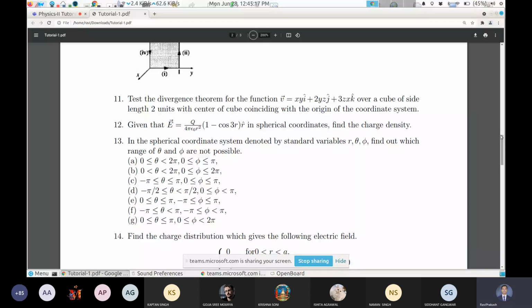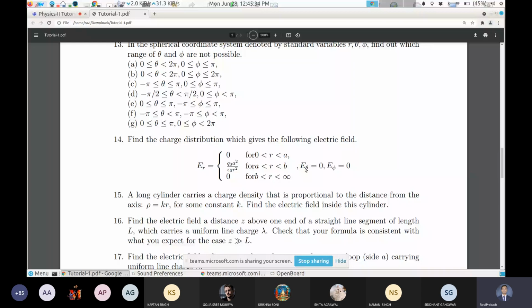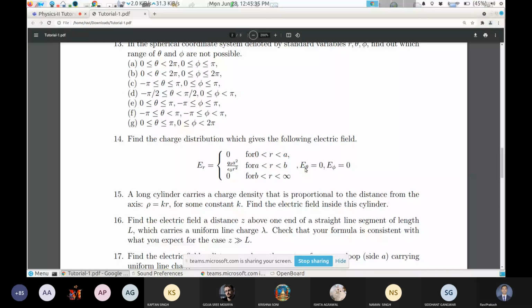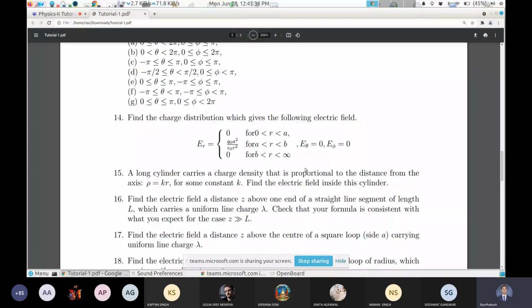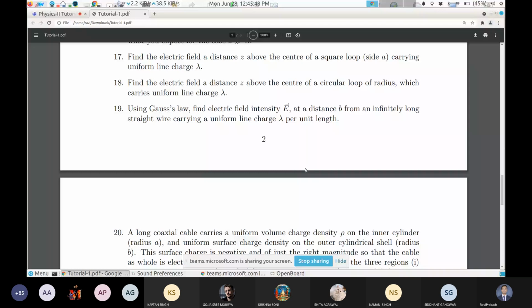Problem 14, we have not yet come to this point, so we can ignore. Problem number 15 also. All these problems you will solve when we come to this point.